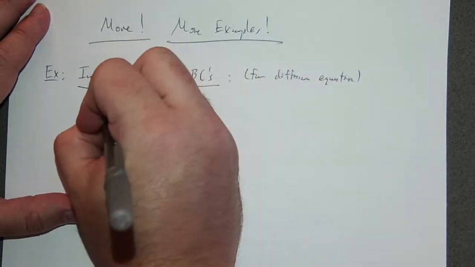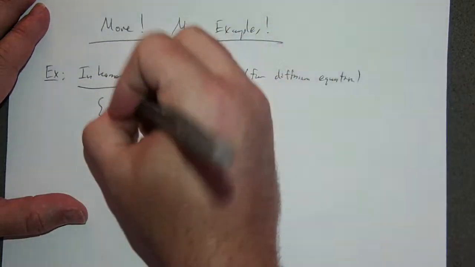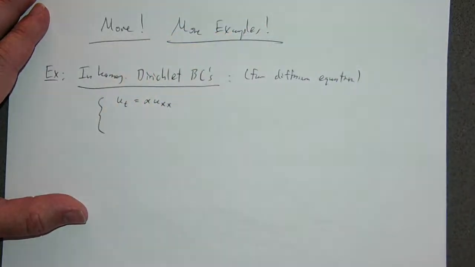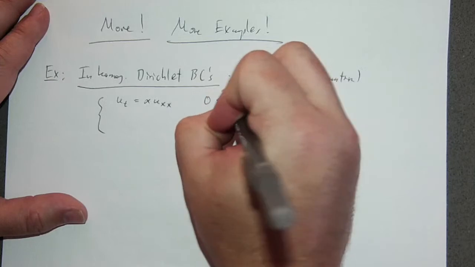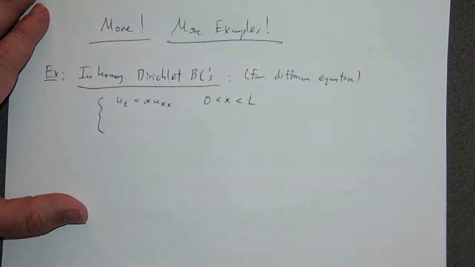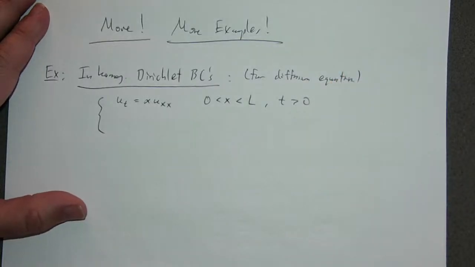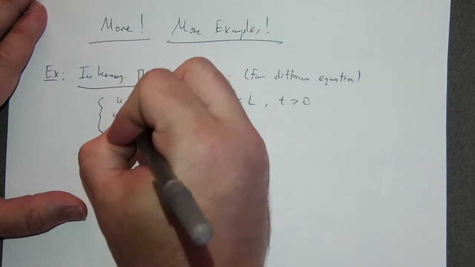So let's consider the problem u sub t equals alpha u sub xx on a finite bar, we'll say x is between 0 and L, t is greater than 0. We have inhomogeneous Dirichlet boundary conditions, which means that I have differing temperatures.